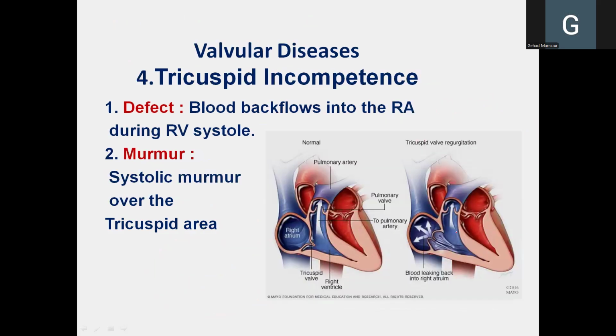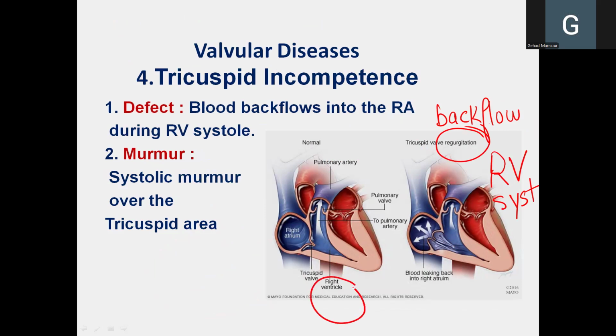In tricuspid incompetence, similarly to mitral incompetence, we have regurgitation of blood or backflow of blood. And of course, as the hemodynamics imply, this backflow occurs during right ventricular systole, because we are on the right side. Why? Because here you have the normal valve.